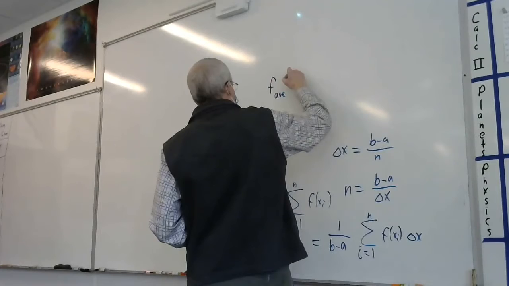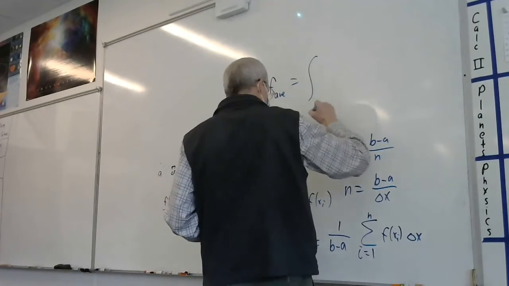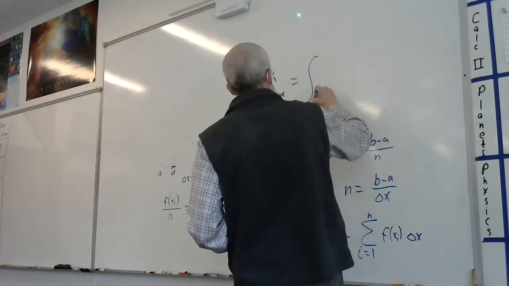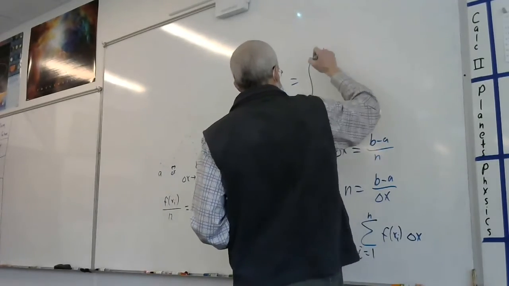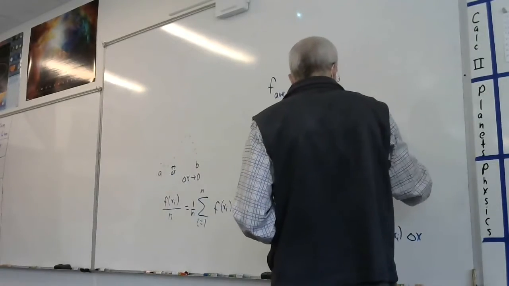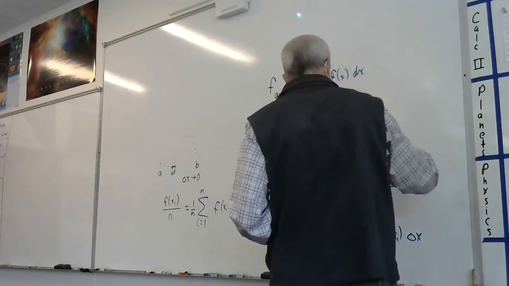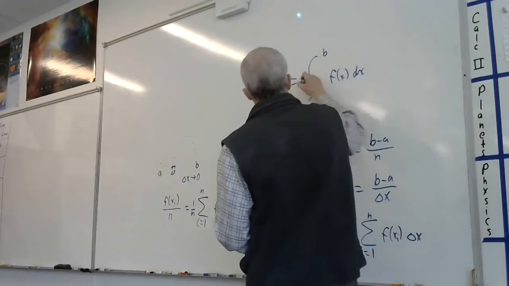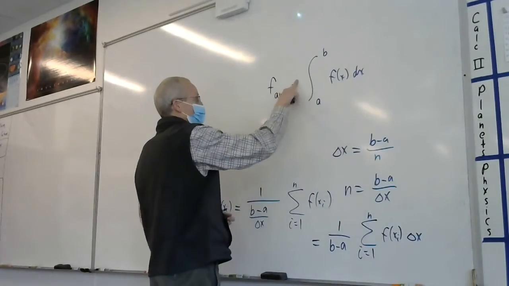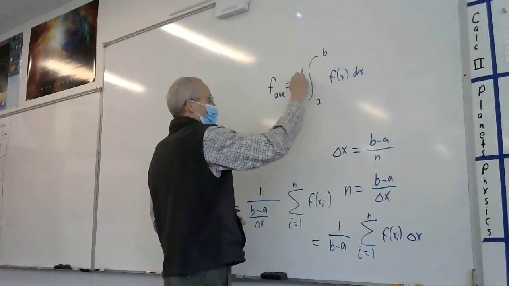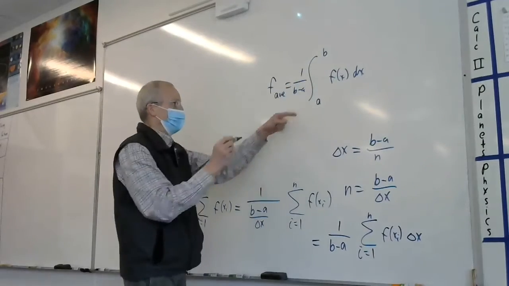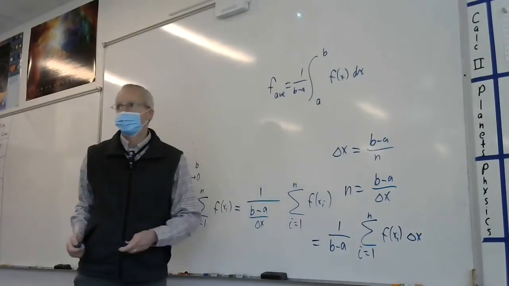The average value of that function is the integral from a to b of f of x dx, and I forgot, we have the 1 over b minus a. So 1 over the range. So you divide by the range, and you just integrate.